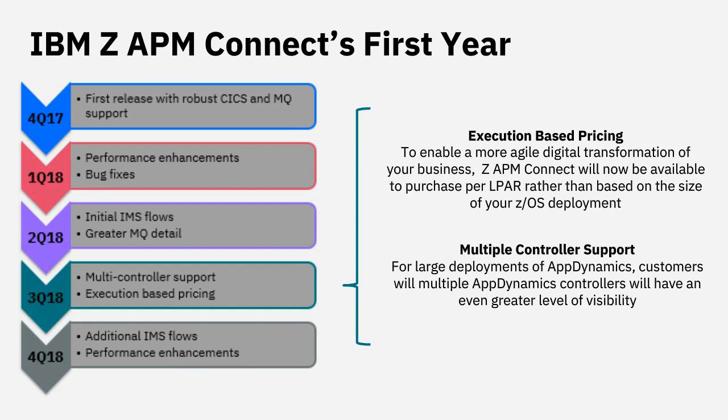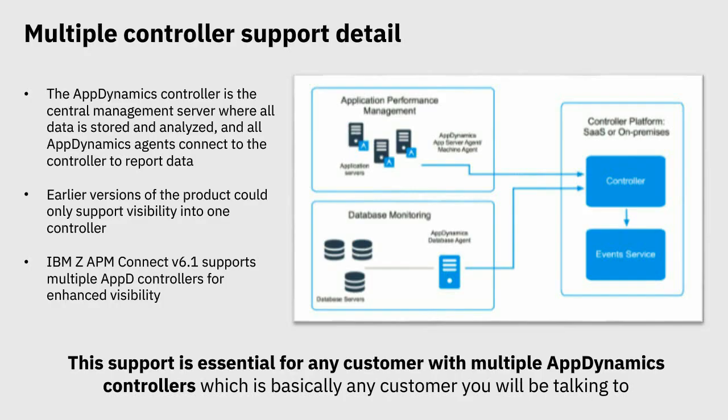biggest AppDynamics customers. So in our 6.1 release in third quarter of this year, we offered 2 pieces that I'll go into a little bit more detail on: execution-based pricing and multiple controller support. If you're at all familiar with AppDynamics, you know that controllers are used to corral all of the agents together to report data.